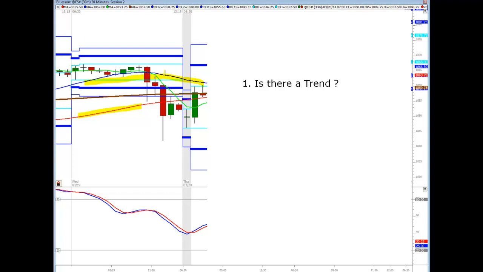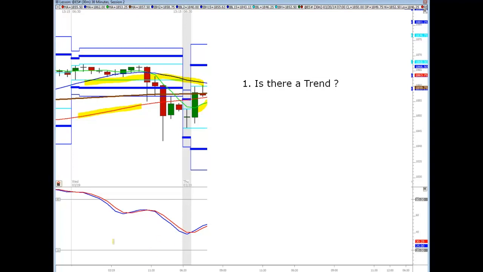Now, the 5 simple moving average has broken the 20 and also the 50, but it's curving up. So the first question, is there a trend? And we've answered no definitive trend apparent. However, historically, based on the moving averages, the momentum has been to the upside.